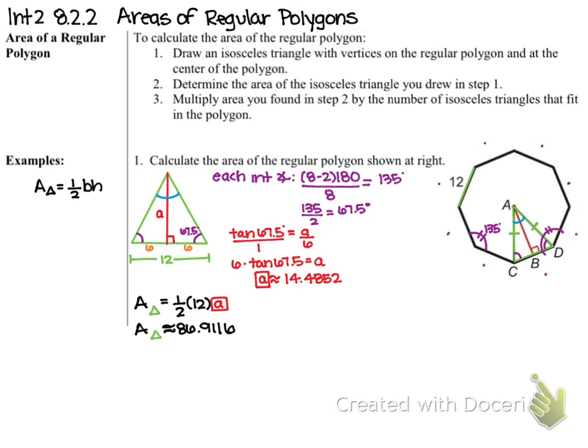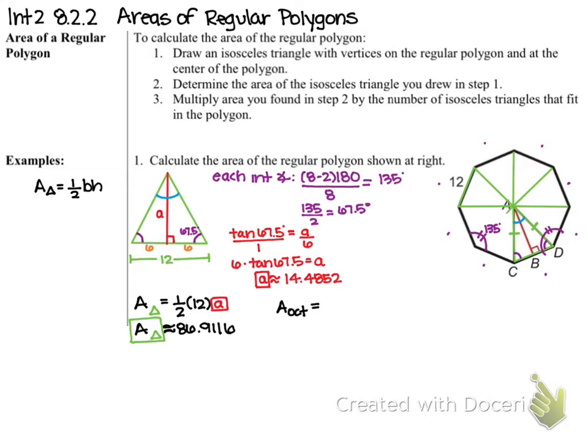And I'm going to put another box around it because I'm going to use that again. Okay, now find the area of the entire polygon. Well, I think we decided that this was 8-sided, so this is an octagon. If we go back to the actual octagon, I want you to see how many of these green triangles we would have.